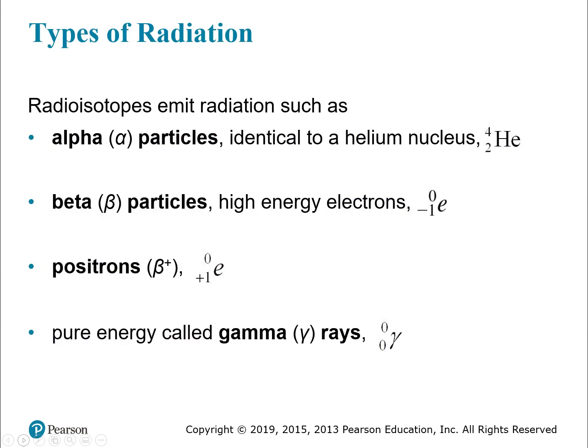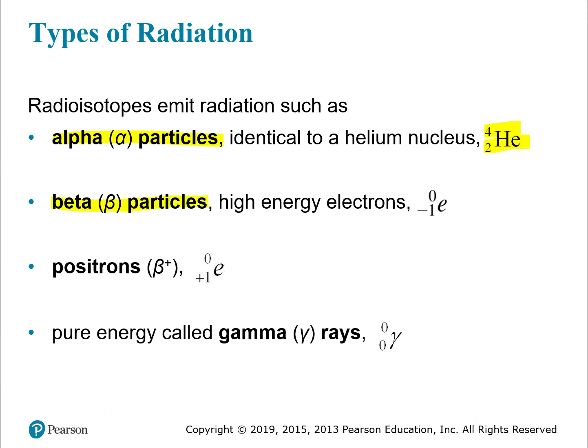Let's look at the types of radiation. We've got alpha particles, which you will need to know. You'll need to recognize the symbols for these. So alpha particles, it's a helium nucleus. Okay, so helium has a mass number of 4, which means it's got 2 protons and 2 neutrons. And the atomic number is 2 protons.